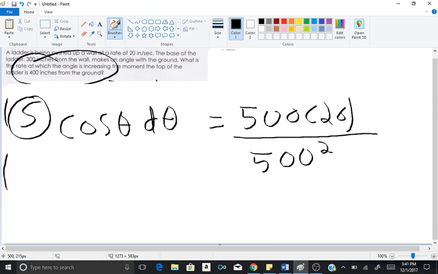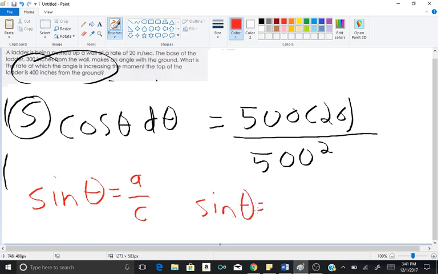And I know I'm looking for d theta, so I've got to find theta. This is what I call pre-equation work. We got to do some stuff to the side. So we know from our original equation that sine of theta is A over C, and we actually have the values A and C, so we can say sine of theta equals, A was 400 and C was 500.